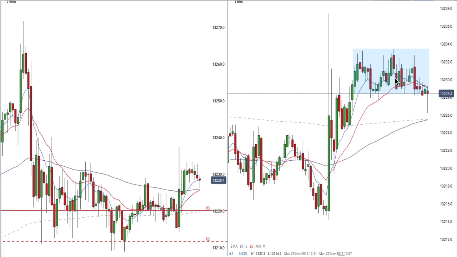And here is why. This is the 5-minute chart on the left. Let's have a look at what's been happening with the price action. This is in the morning on the left of the chart, and we're coming up to lunchtime now, and things have gone a bit quiet, and that's one of the reasons why I'm not trading.